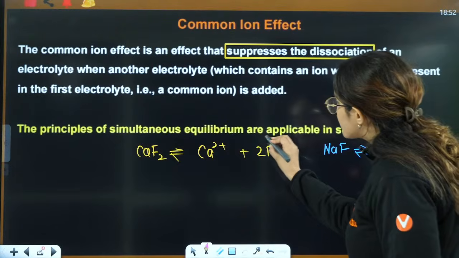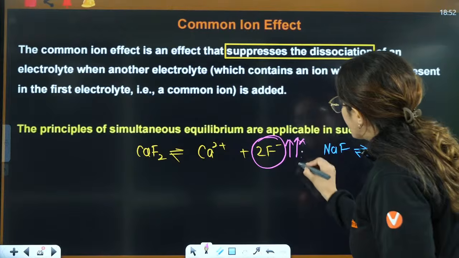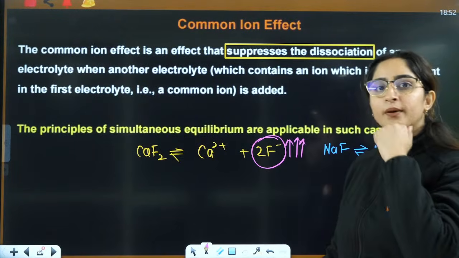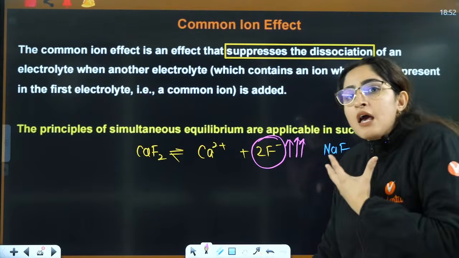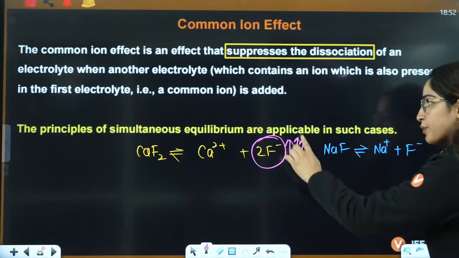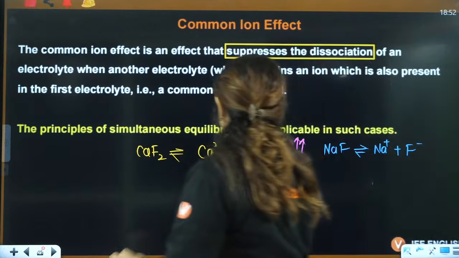So the concentration of these F negative ions is increasing here. Earlier not so much dissociation was there, but now the F negative ions are increasing because of NaF. When the product side is increasing, the reaction will try to move in the backward direction.